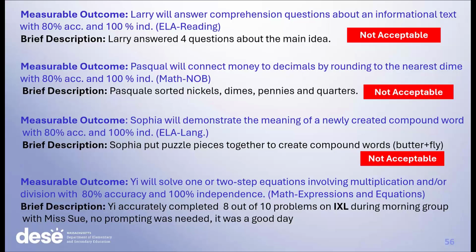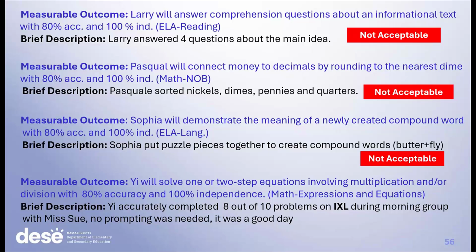So let's take a look. What was she supposed to do? The measurable outcome, the skill that we were looking at was solving equations with either multiplication or division. So when we look at the brief description, she completed 8 out of 10 problems, but on what? We don't know what it was. Could have been adding.